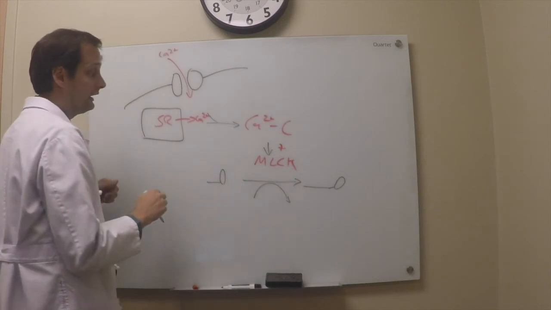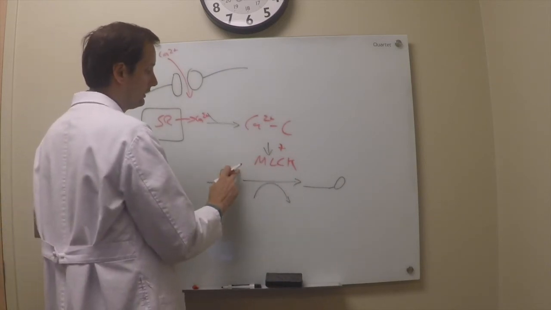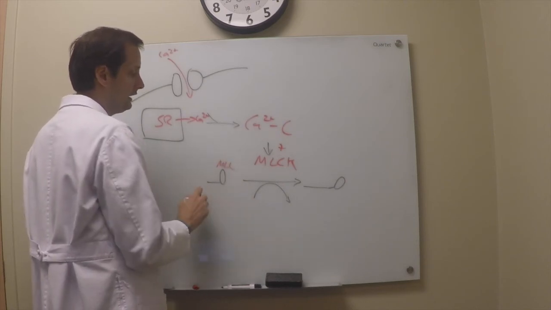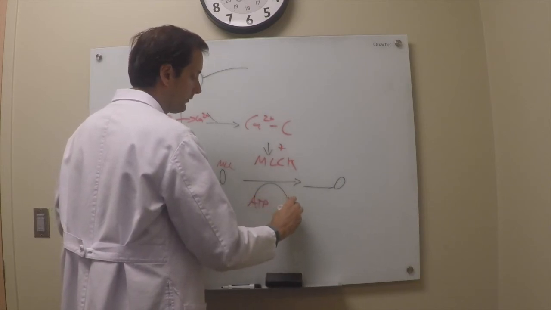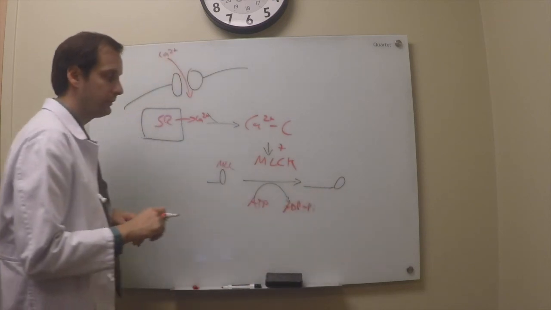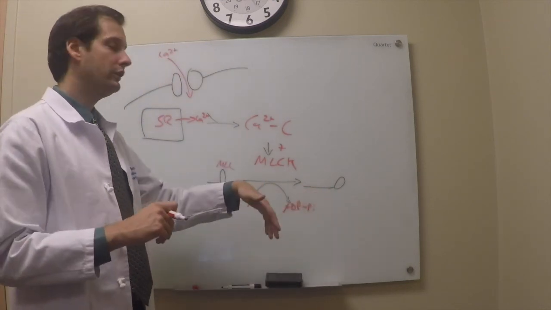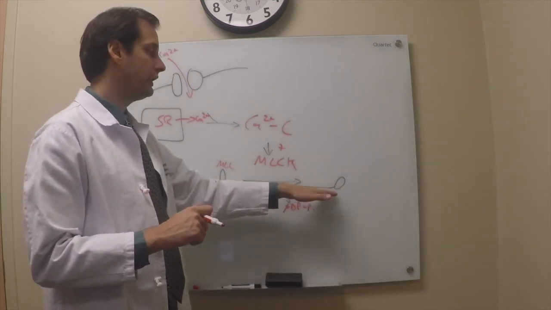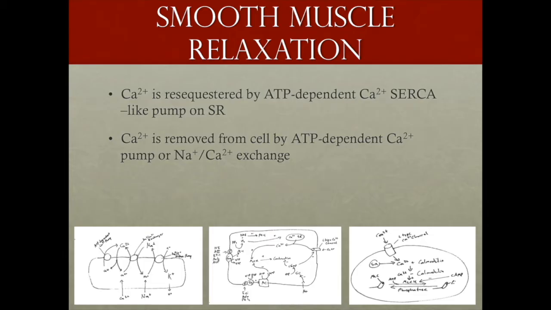Myosin light chain kinase is an enzyme that allows for phosphorylation of our myosin light chain in the presence of ATP. And this will change the conformational position of the globular head and energize it and allow it to bind and have potential energy for contraction when the actin-myosin cross-bridge formation is completed.